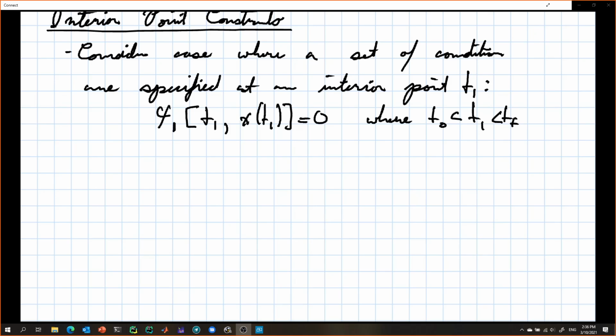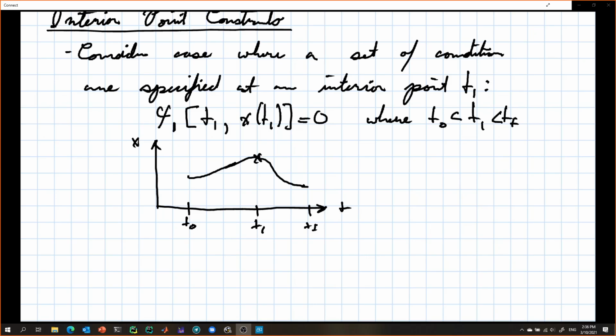Graphically, we have some function. This would be t, and this would be x. We have a t naught, t1, and a tf, and then our x would do something, and then this will be constrained, and then it would do something else here.